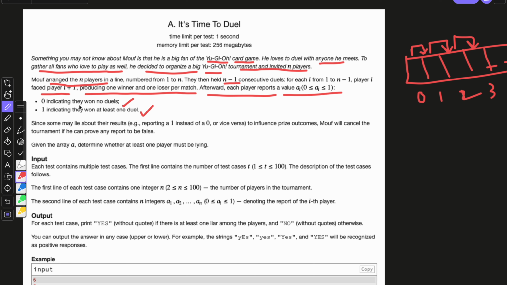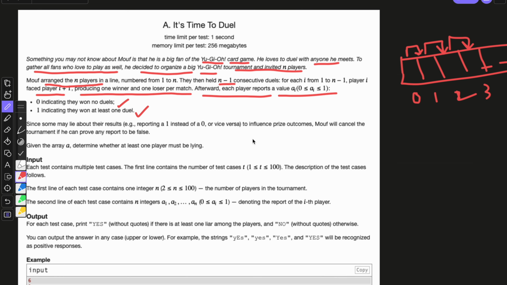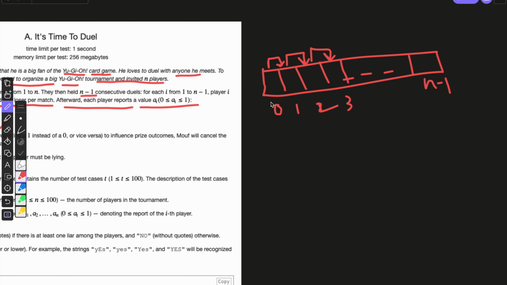Okay, so 0 indicates they won no duels and 1 indicates they won at least one duel. So the entries in the array would be either 0 or 1. 0 indicates that the player, suppose in this example, has not won any duel, and here the player has won a duel. We don't know if it's only one duel or many duels.